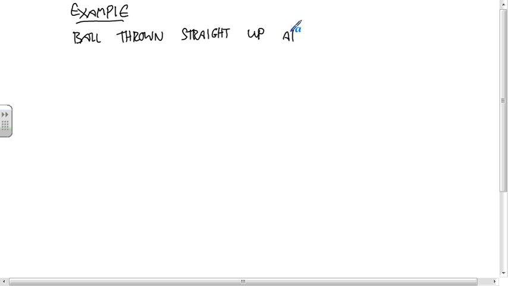All right. I'm going to do one example problem. So let's say that a ball is thrown straight up at a speed of 10 meters per second from a height of 3 meters.